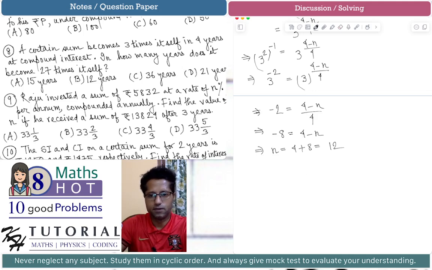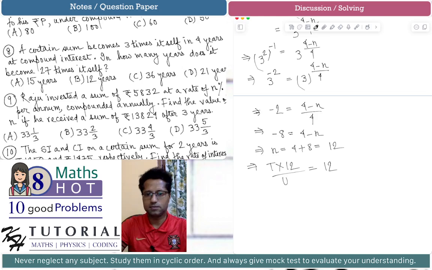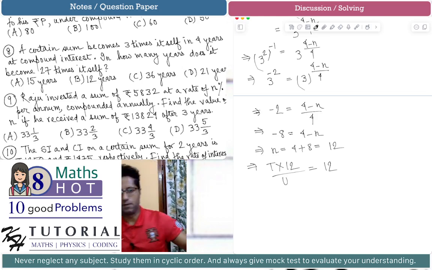Now this will imply that t multiplied by 12 divided by u should be equal to 12, because we always express t multiplied by 12 divided by u as the mixed fraction n and a by b. Since a by b will be 0 because all the choices are given as integers, you can see 15 years, 12 years, 36 years, 21 years.